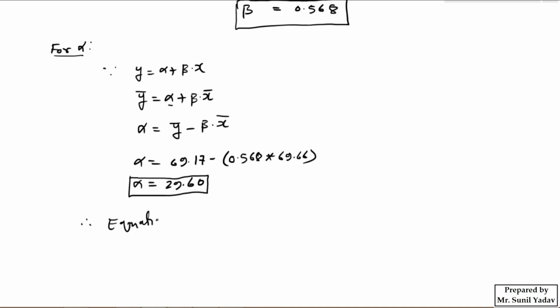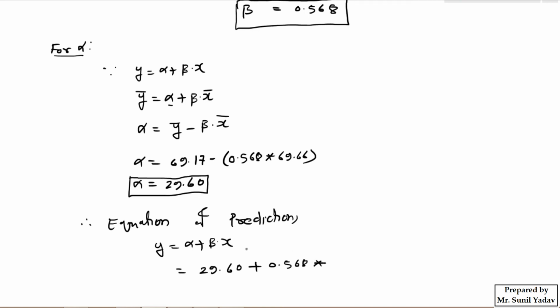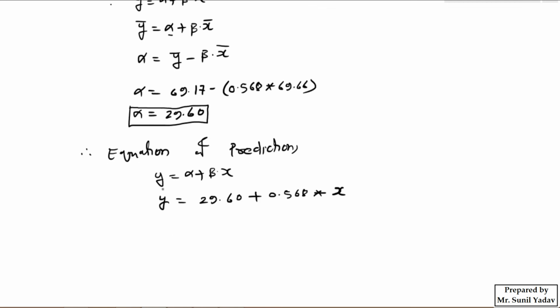So here we'll write the equation of prediction is nothing but y equal to alpha plus beta into x, where alpha is nothing but 29.60 plus beta is nothing but 0.568, and it will be multiplied with x. So hence we can say this is nothing but the equation of prediction. So here we have found the equation of prediction.